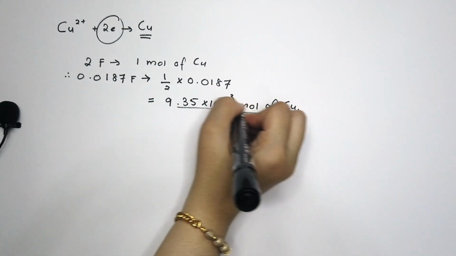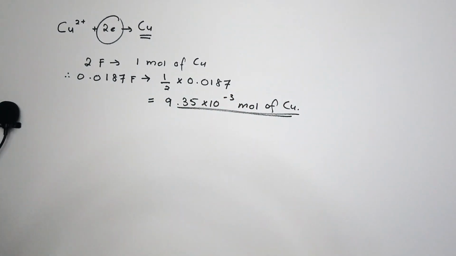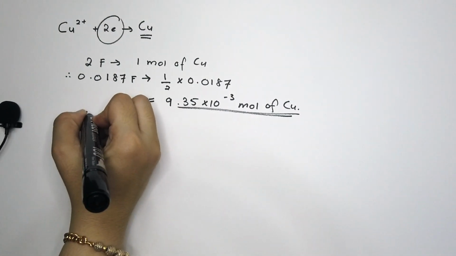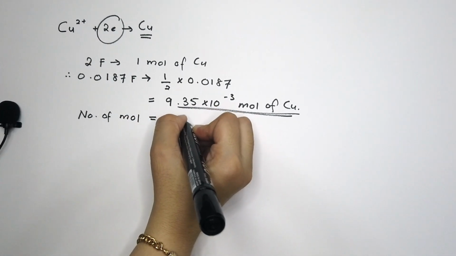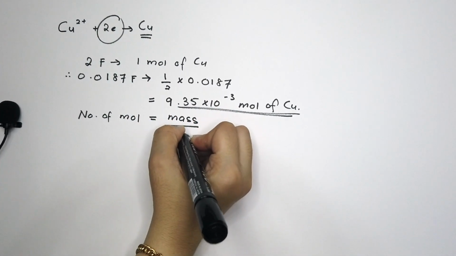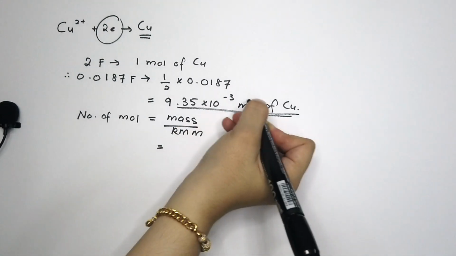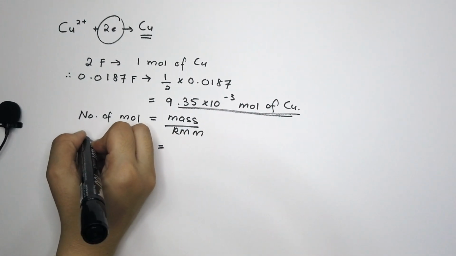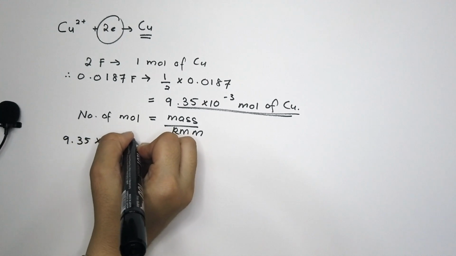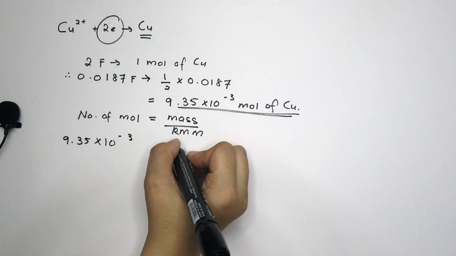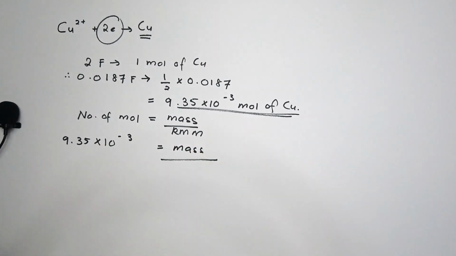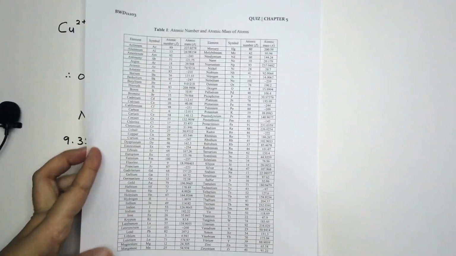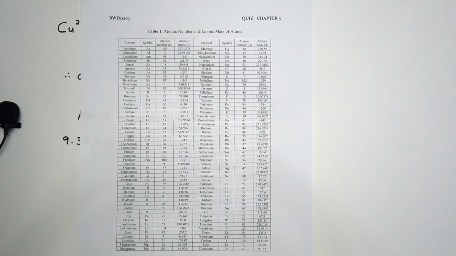Right. But the question asks you to calculate what is the mass. So the number of mole is actually equivalent to mass over RMM. So the number of mole is 9.35 times 10 to the power of -3, equivalent to the mass over RMM. So the RMM for copper you can find from the list in table 1. So you're going to find copper. Where is your copper?